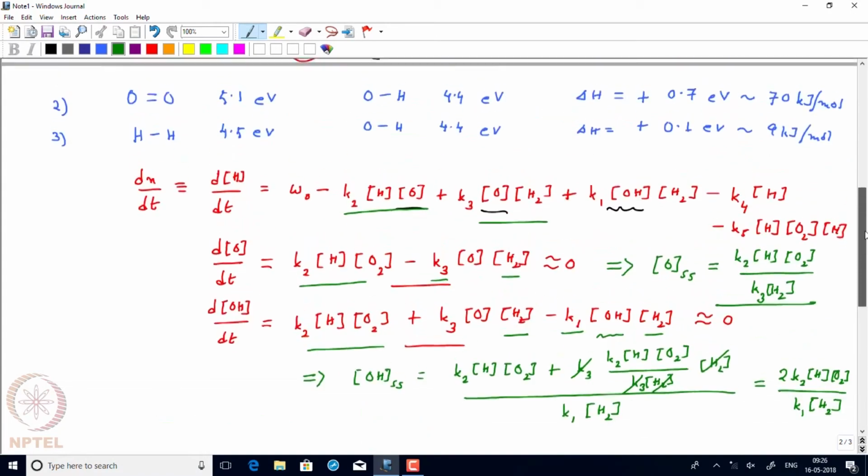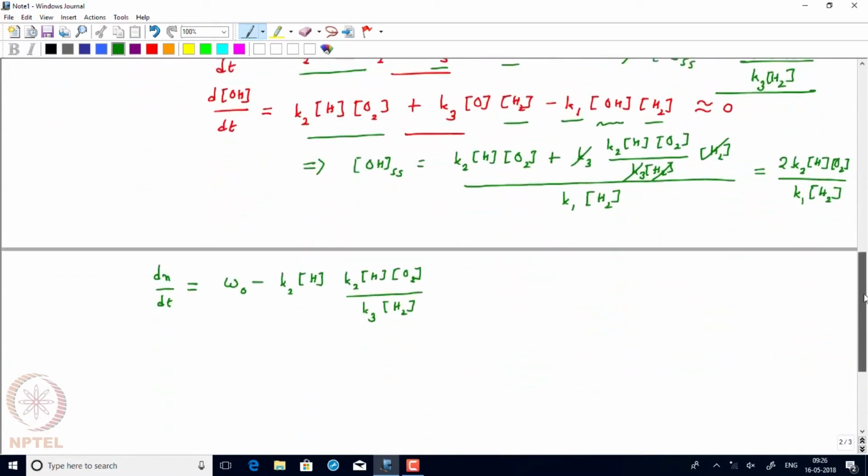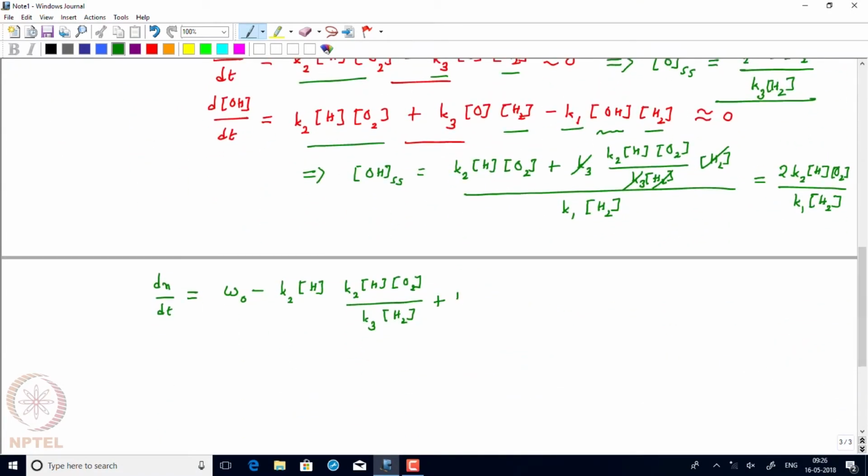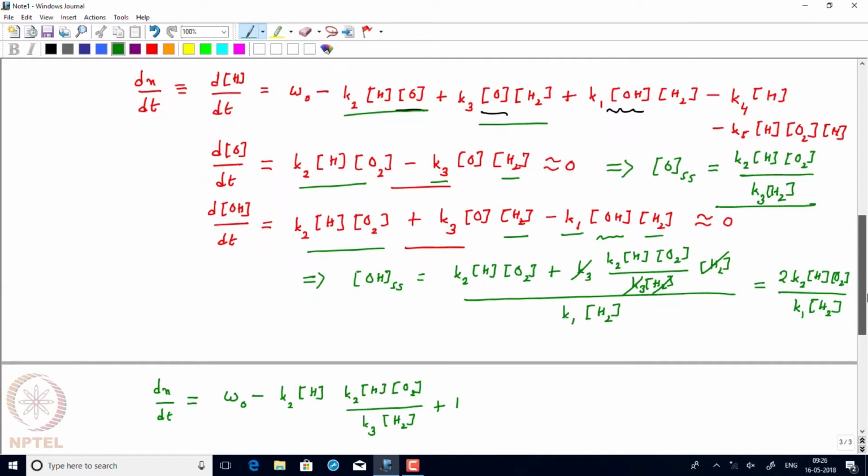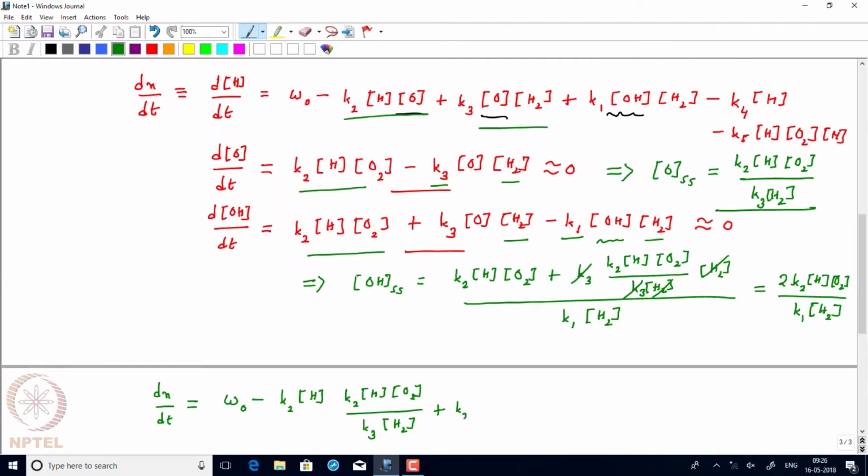So there was a plus sign, plus K3 into O, and instead of O we'll again use the expression for O, and we know that this K3H2 will basically cancel with this K3H2. So ultimately we will be left with only the numerator term, so we can directly write it.